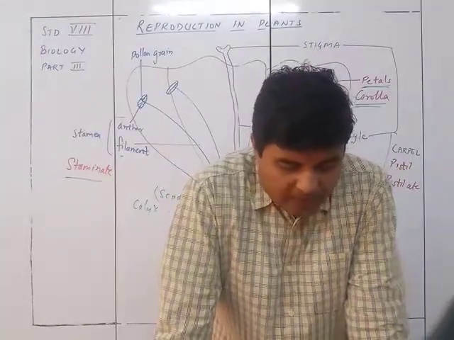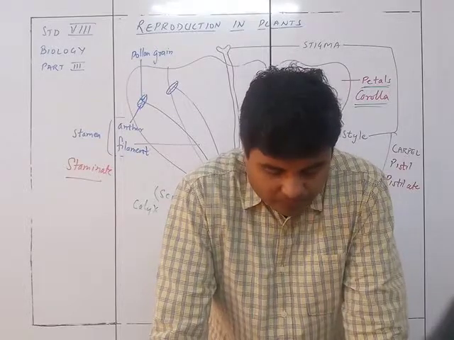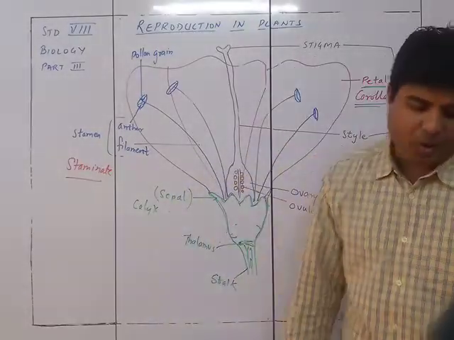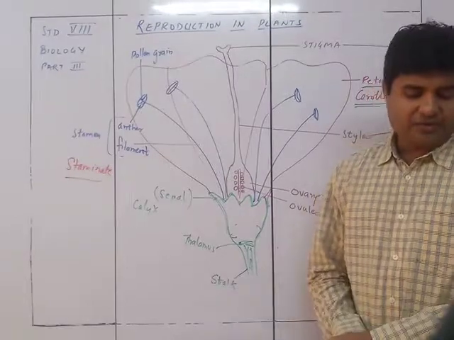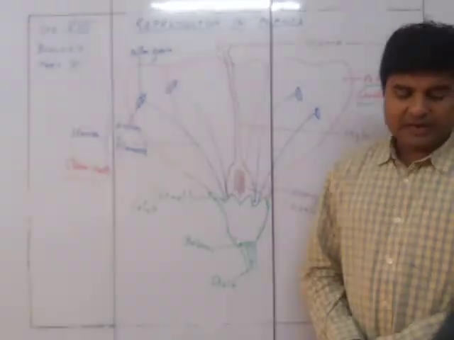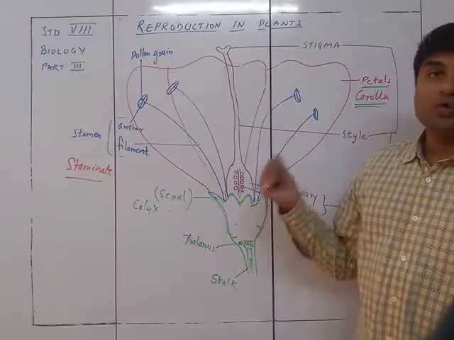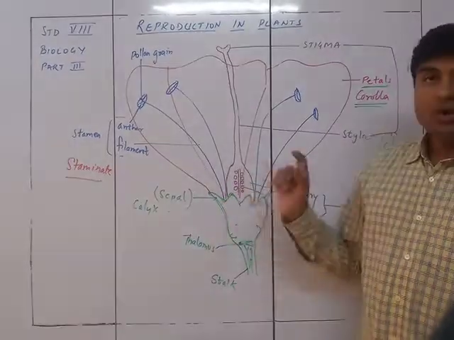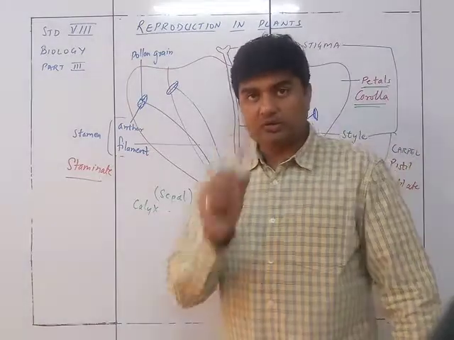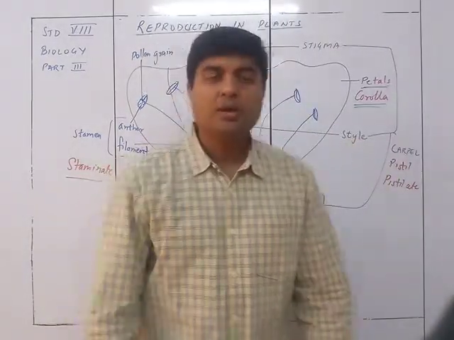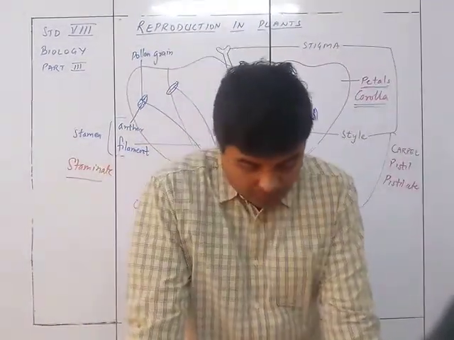Slit open the ovary with the help of a needle and you will find small rounded bodies in it. These are the future seeds, which at this stage are called ovules. They are round, ball-like structures present inside the ovary.